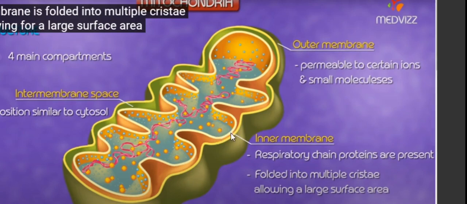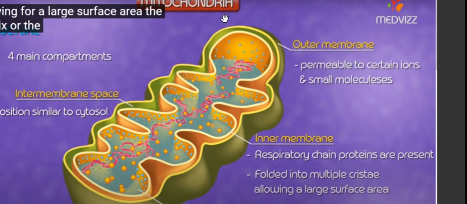To increase such energy forming activity, we have to increase the surface area. Hence, the inner membrane is folded multiple times to form the crista. These finger-like structures are called crista.